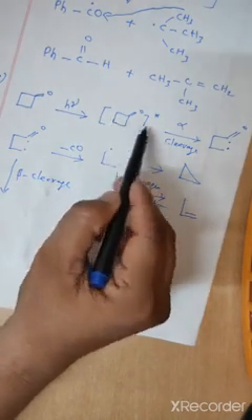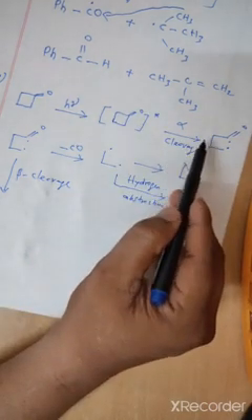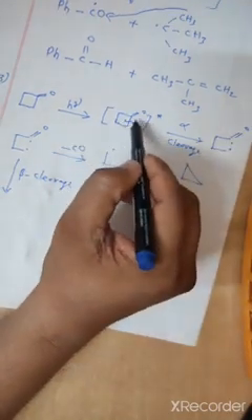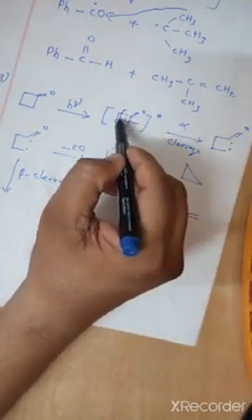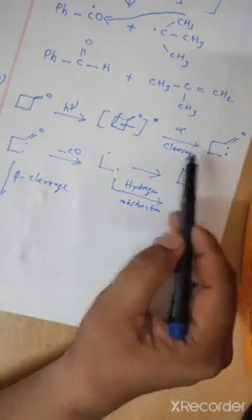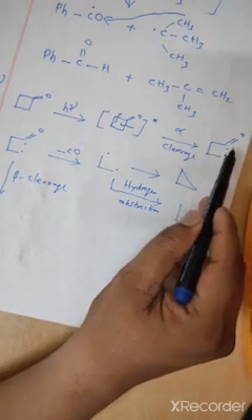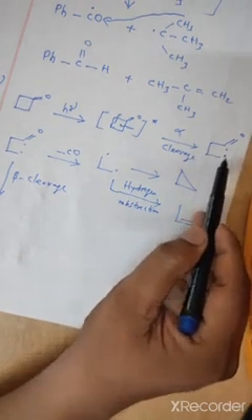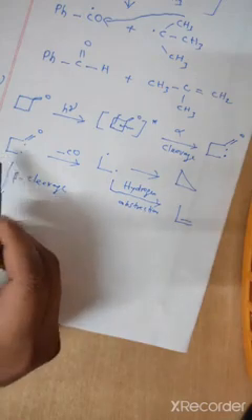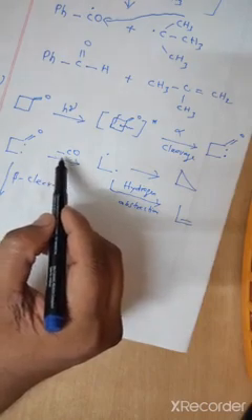The cyclic ketone in the triplet state undergoes alpha cleavage from the two sides, either from this side or from this side. After dissociation as a result of cleavage, a biradical is formed. Now this biradical, as you know, the secondary process is decarbonylation.